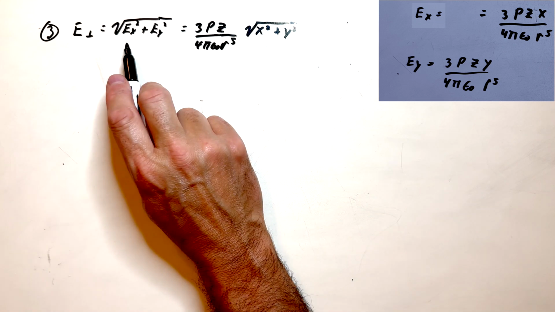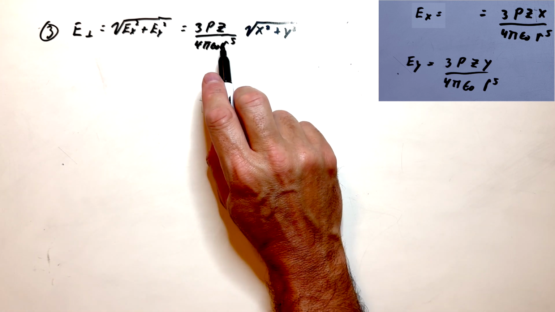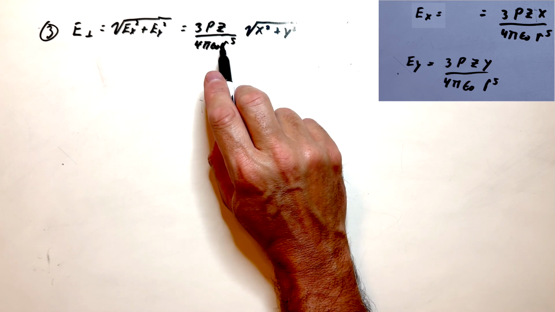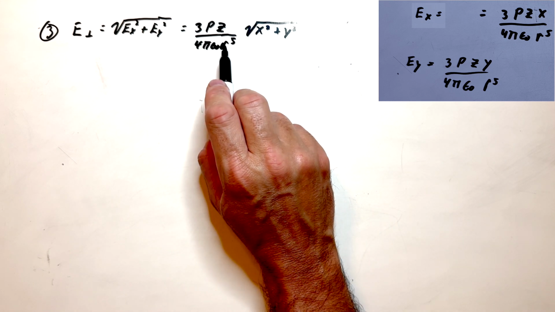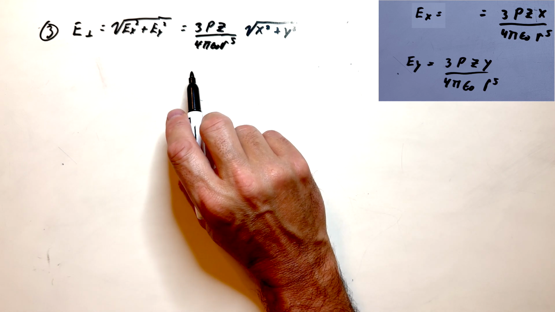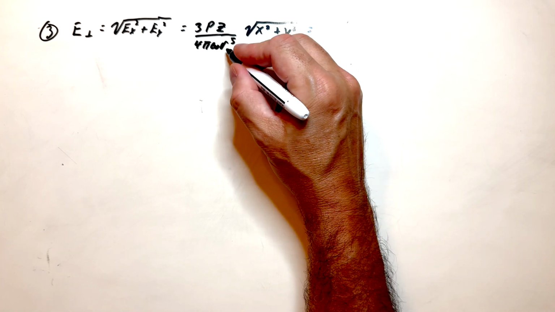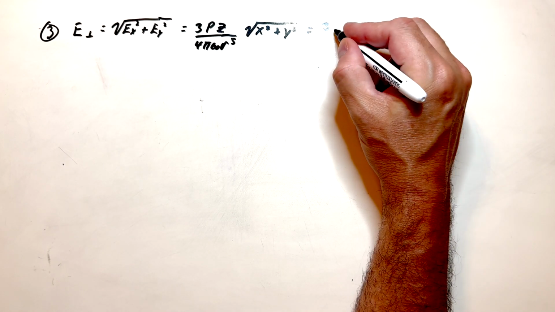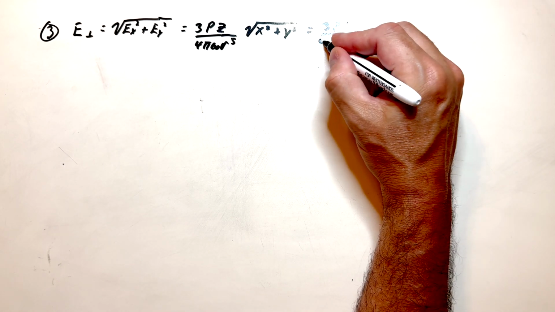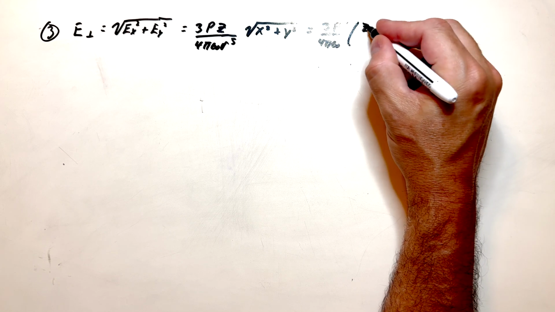Because we have the E sub x component was just this times x, and then the E sub y component was this times y. But if we square all of that, we can always pull out this term here, but we'll be left with the x squared and the y squared underneath the square root sign. Now let's observe that z over r is just the cosine of theta, so let's pull one of those out, 3p over 4 pi epsilon naught, and we'll have a z over r.